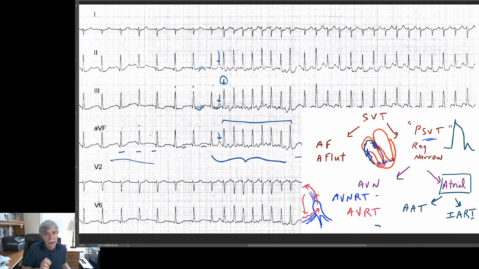It's not participating in the circuit, but the difference is in the automatic atrial tachycardia, you have one little spot that's firing, which is known as a focus, whereas intra-atrial reentry is actually a circuit where the signal is chasing itself around and around. It even gets more complicated than that, but for the most part, these are the two categories that we consider.